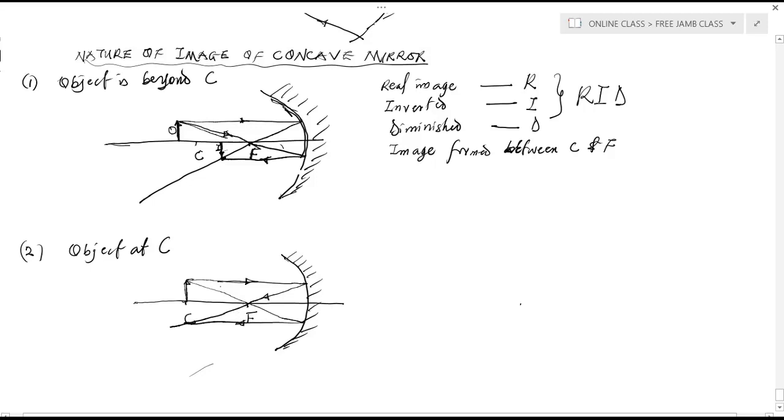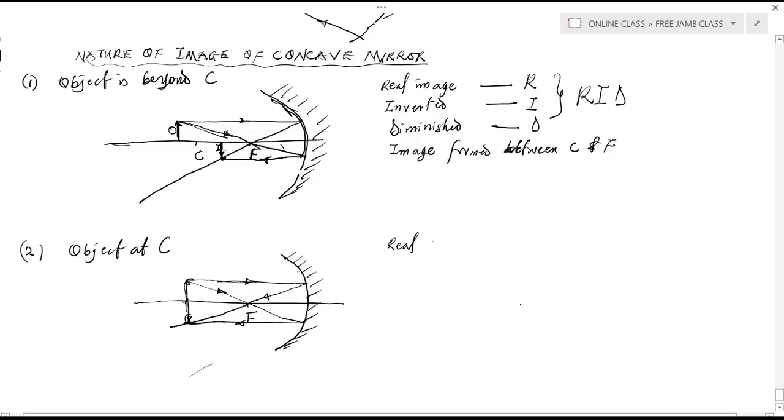The arrow back. Consider F is important here. So the image is downward here. The normal thing that happens here is that the image is formed in front where you have the mirror.